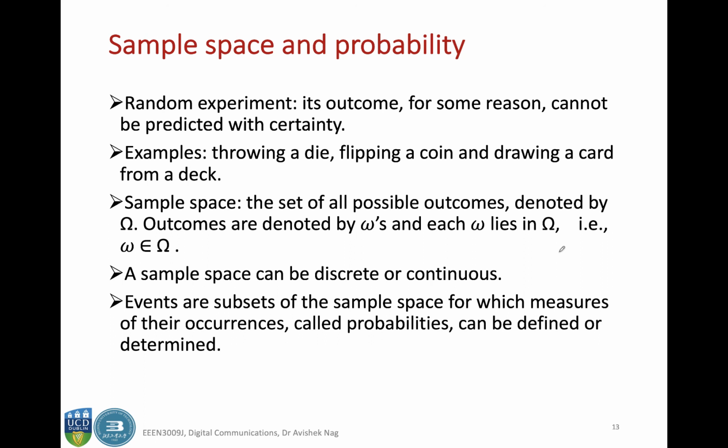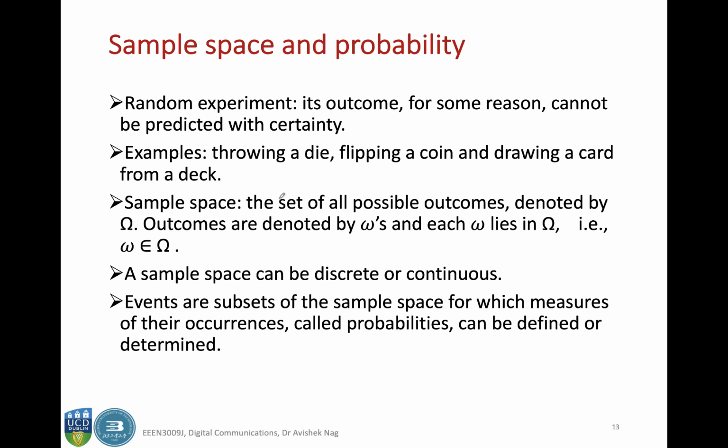So your small omegas are head and tail, and your sample space consists of these two cases. In the case of a die throw, you have 6 possible outcomes, and your sample space consists of all these 6 outcomes. A sample space can be discrete or continuous, and we will get to that later: what is meant by a discrete sample space and a continuous sample space.